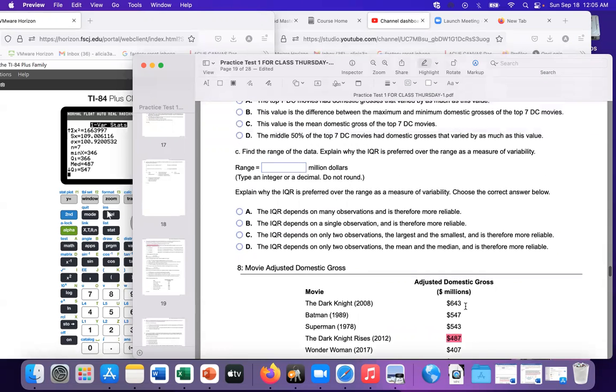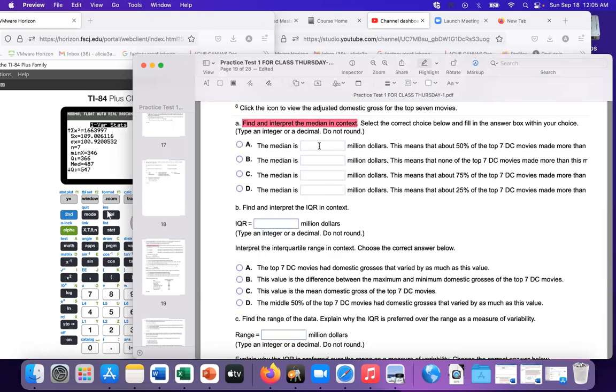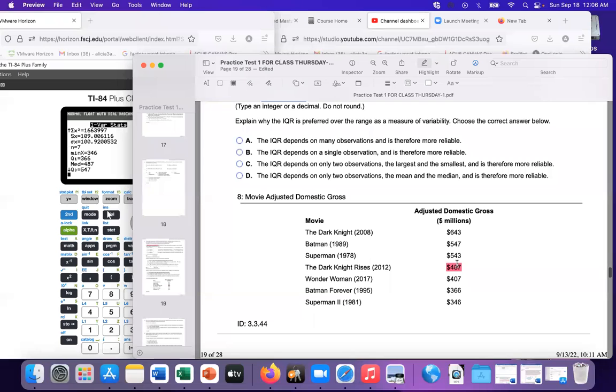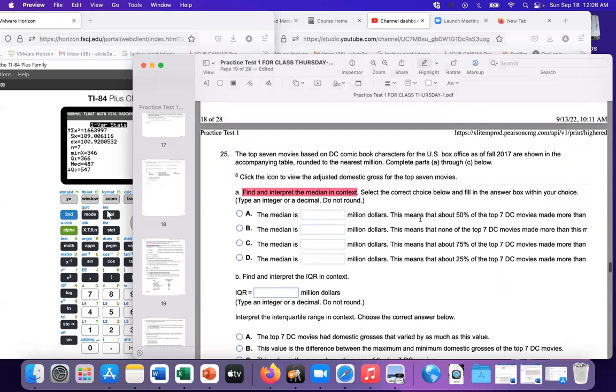So 487 is the median. It's directly in the middle. So what does the median represent? The median is the middle value. The median means that half or 50% are less and half or 50% are more. So that means about 50% of the top movies made more and 50% made less.